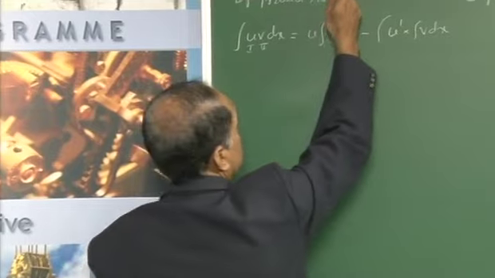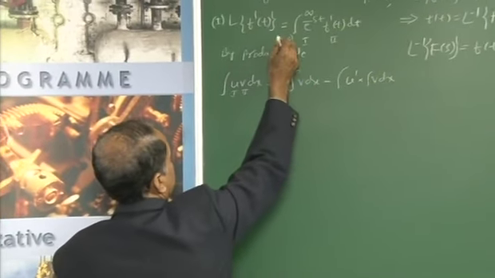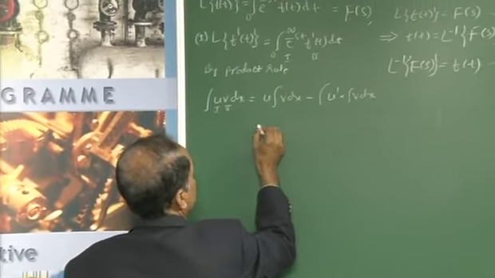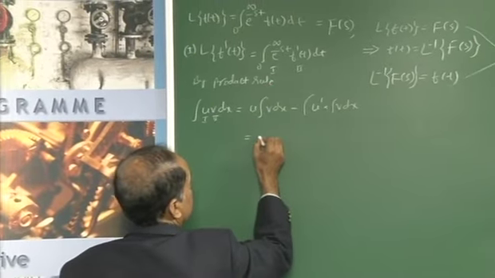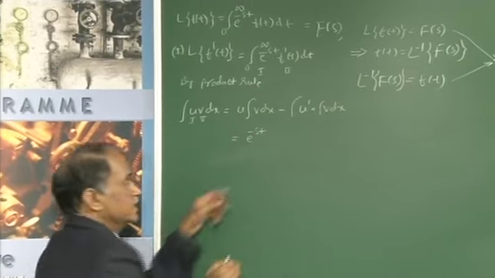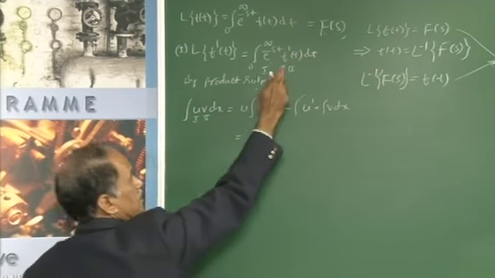Then you are going to declare this result as follows. Using this formula, first function is e to the power minus st, and the second function is f dash of t.